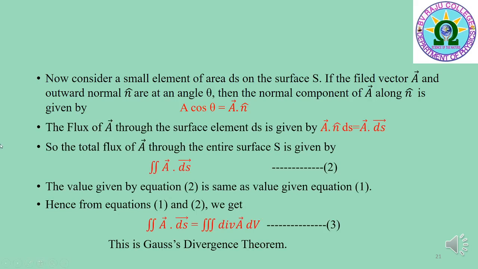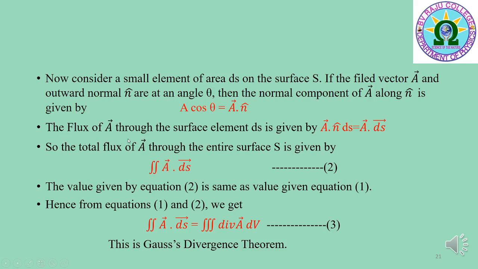Now consider a small element of area ds on the surface S, which is the surface of volume element dV. If the field vector A bar and the outward normal n cap of the element are at an angle theta, then the normal component of A bar along n cap is given by A cos theta, that is equal to A bar dot n cap.